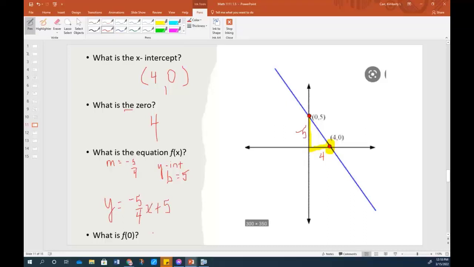I've just filled in those numbers there. Now, what is f of 0? f of 0 is what you get when you plug in a 0. So if I plug a 0 in right here, then what I find out this equals is 5.